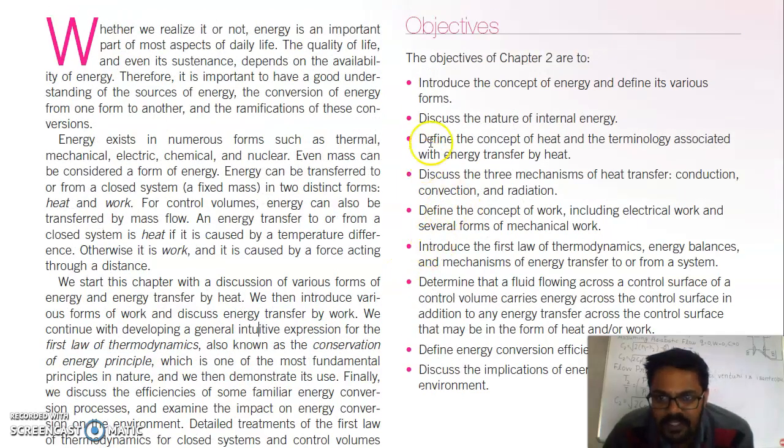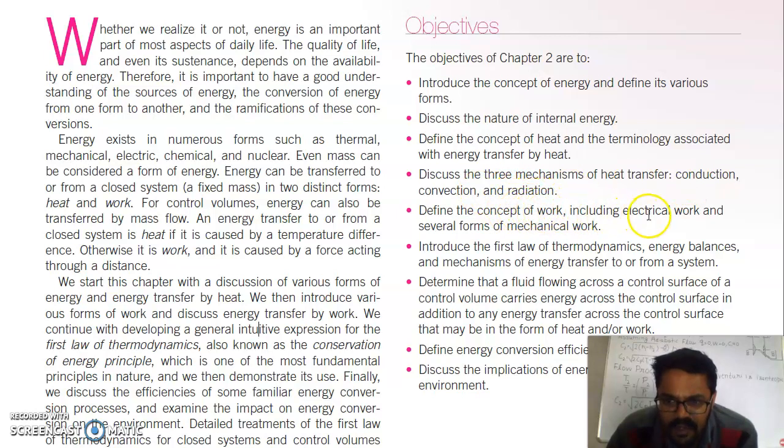Overall, in this chapter we will introduce the concept of energy and its various forms, discuss the nature of internal energy, define the concept of heat and terminology associated with energy transfer by heat, and discuss the three mechanisms of heat transfer: conduction, convection, and radiation.